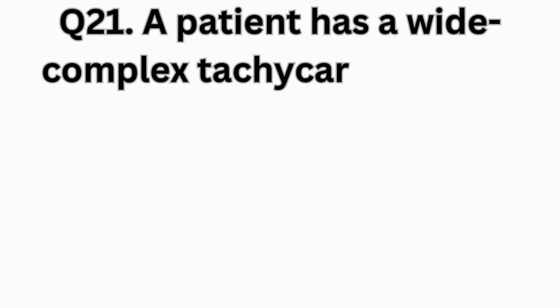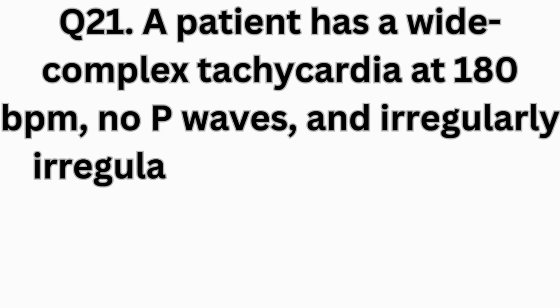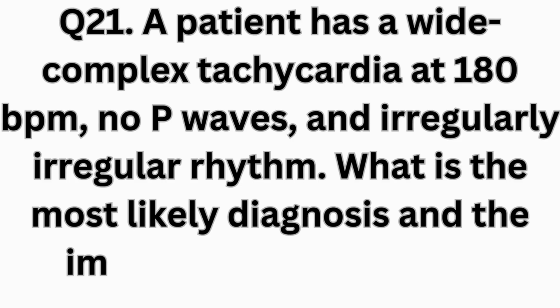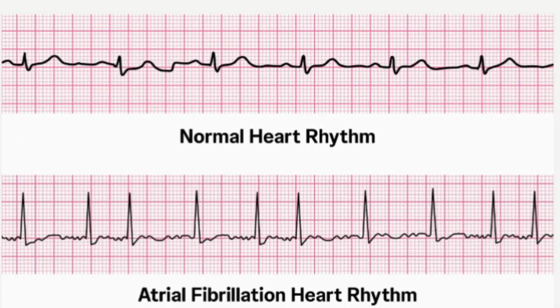Question 21. A patient has a wide complex tachycardia at 180 beats per minute, no P waves, and irregular rhythm. What is the most likely diagnosis and the immediate treatment? Pause the video now. Try to answer this question first. Then here is the answer. The most likely diagnosis is atrial fibrillation, AFib.